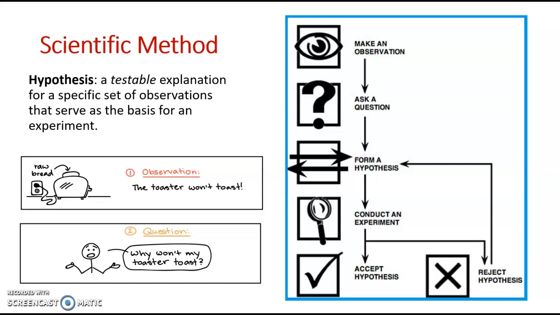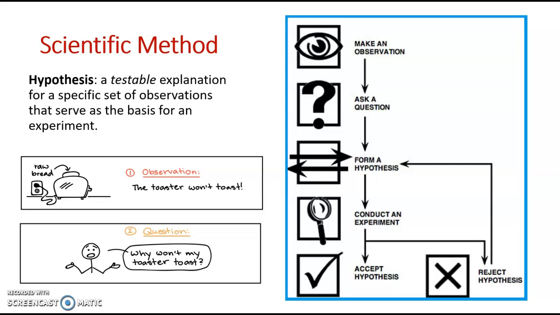So if we're asking the question, why won't my toaster toast? What are some testable explanations, some testable hypotheses that we could generate to answer that question? Hopefully you're working through some of those in your head. One example of a testable hypothesis would be maybe that the outlet is bad.